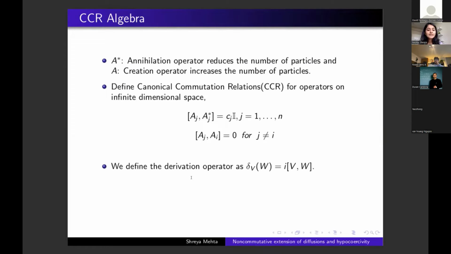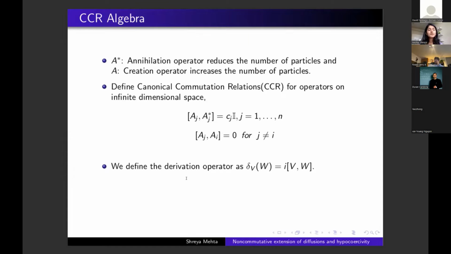And we define the derivation operator to be equal to i times the commutator of V and W. These are just linear operators which satisfy the Leibniz rule, and we can take this as the non-commutative generalization of partial differential operators.